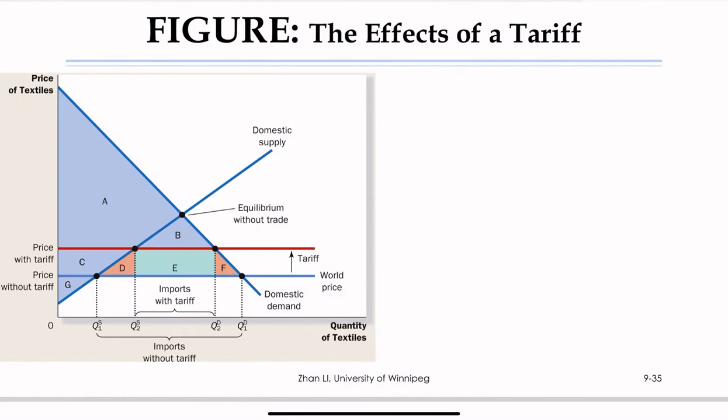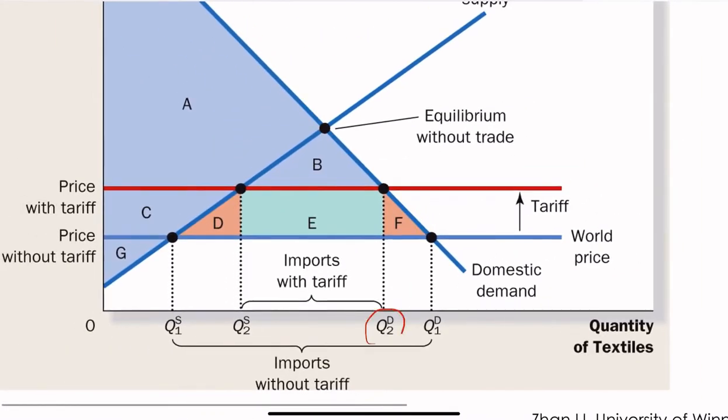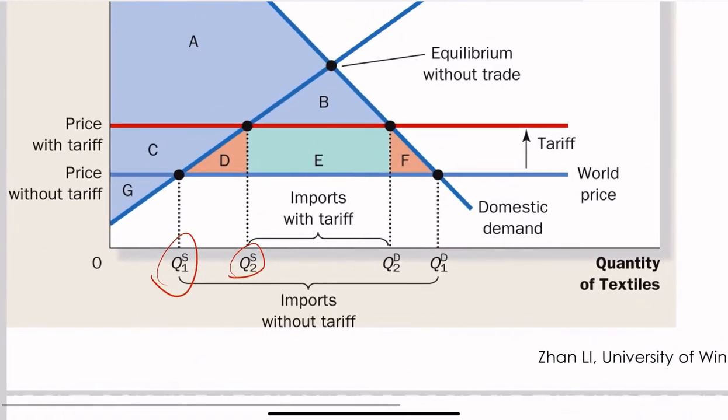And after imposing the tariff, quantity demanded is given by Q2D, and quantity supplied is given by Q2S. Now, clearly you can see that Q2D is actually smaller, right, compared with Q1D.